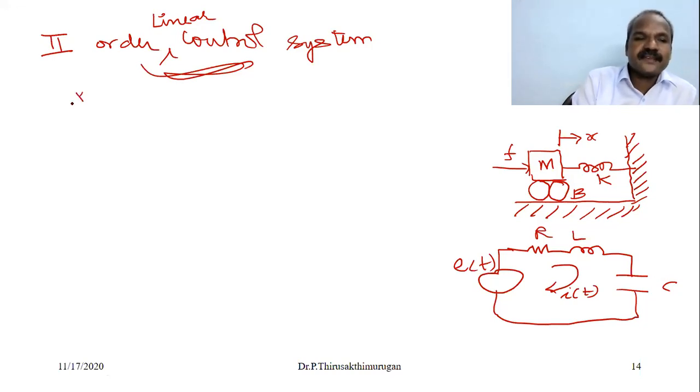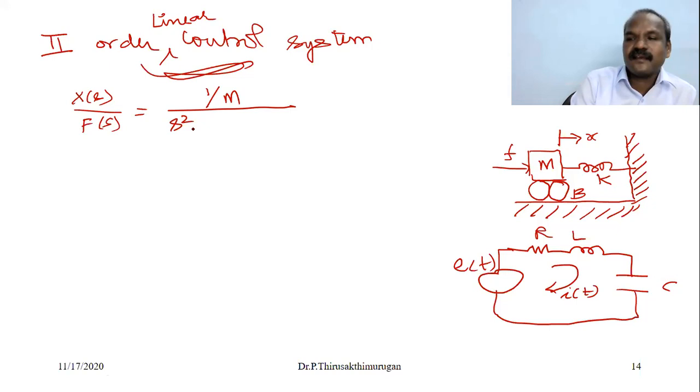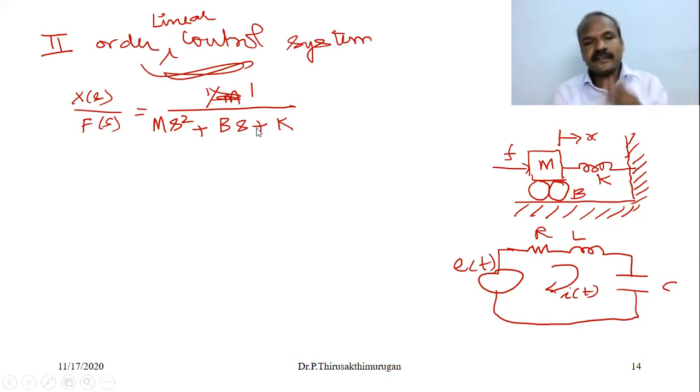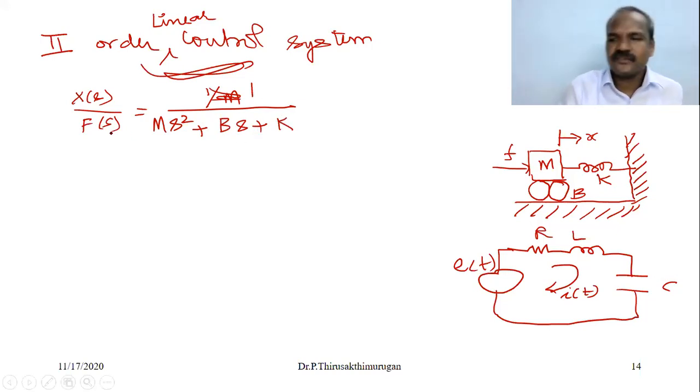X of s by F of s equals 1 by (m s square plus b s plus k). We computed this result. This is the transfer function model of the system.